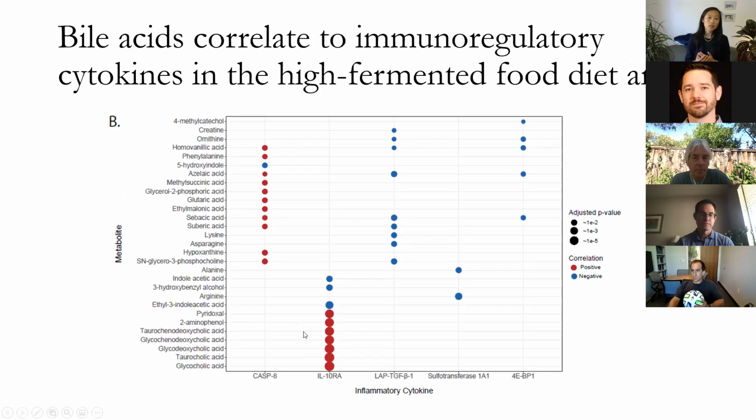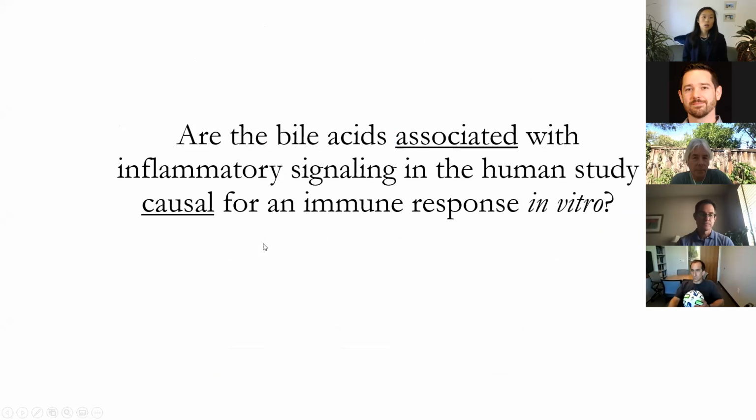So this is kind of getting at some of those microbiome immune axis that we're so interested in. And so the most significant was actually the set of bile acids. So we're interested, are these bile acids actually modulating the immune system or are they just associated with changes? Are these bile acids associative or are they causal for immune responses that we can measure in vitro at the bench?